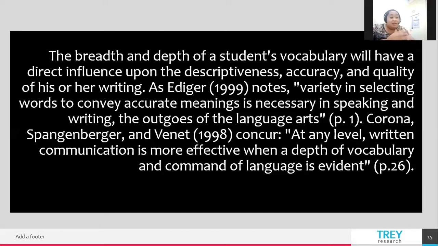You could imagine what the person is wearing. But if I would just say, I'm wearing a black blouse, it gives little to the imagination. Could you even picture it out? No. So that's why there should be what? A depth in vocabulary and a command in the language.